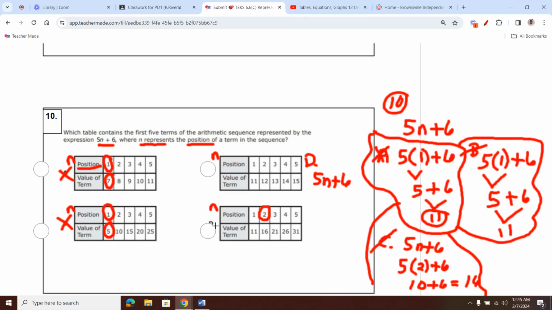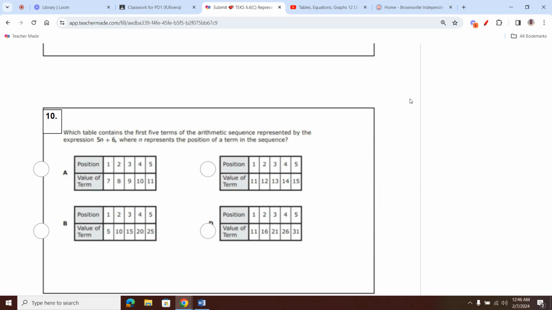We already know D is the answer because this one is wrong also. But I'm going to test it. 5 times, who's the n? 2. 5 times 2 is 10. And 10 plus 6 is what? 16, which matches there. That's why the answer is that one. So now that I have checked all the choices, D is the answer.